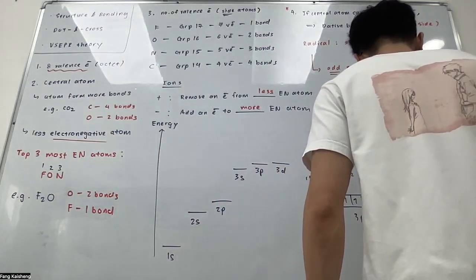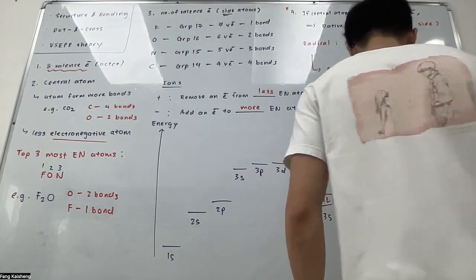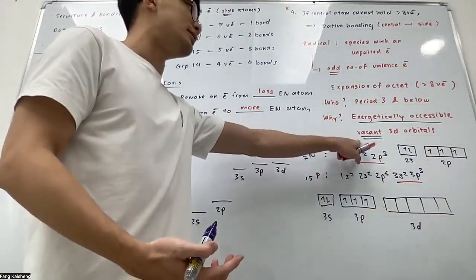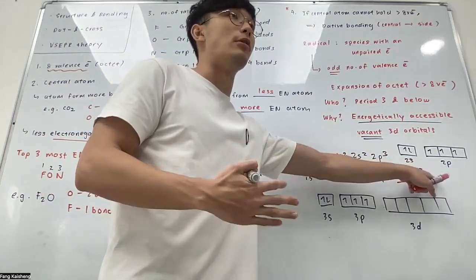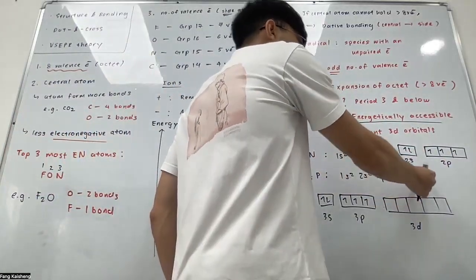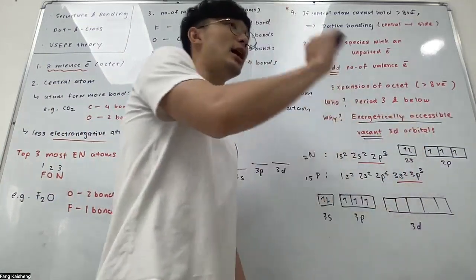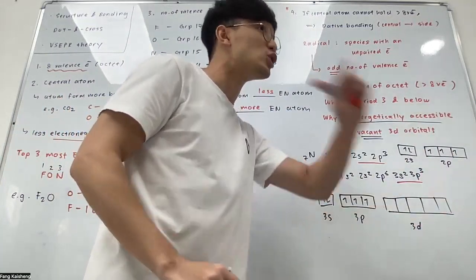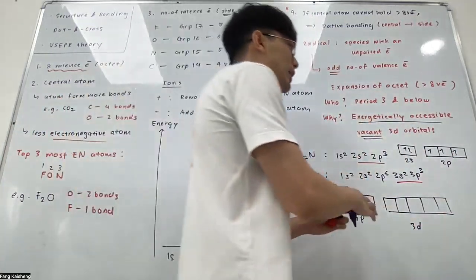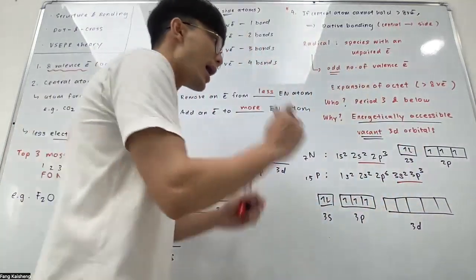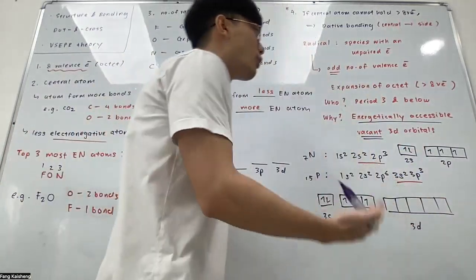But for phosphorus, is 3d occupied by anything? No, it is vacant because there's no need for it at the moment. But it still exists because you are entering the third quantum shell. The third quantum shell has a d subshell containing 5 orbitals. Does that make sense? It's just empty at the moment. I don't want you to think that it doesn't exist. It's there, it's just not used. It's just empty storage.